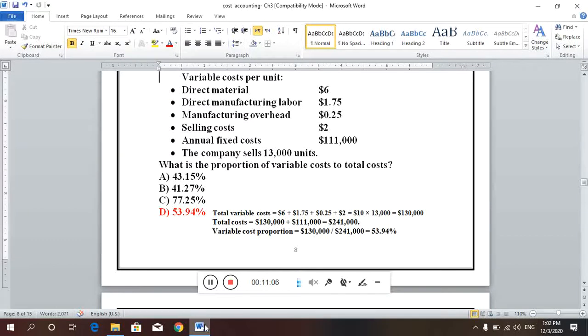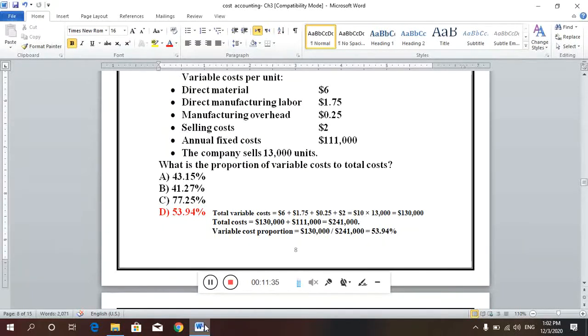So we will multiply the variable cost per unit by the units sold, which are 13 units. We will get the total variable cost by $130,000. So the total variable cost equals $130,000. And the annual fixed cost is equal $118,000. So the total costs will equal total variable costs plus total fixed costs.